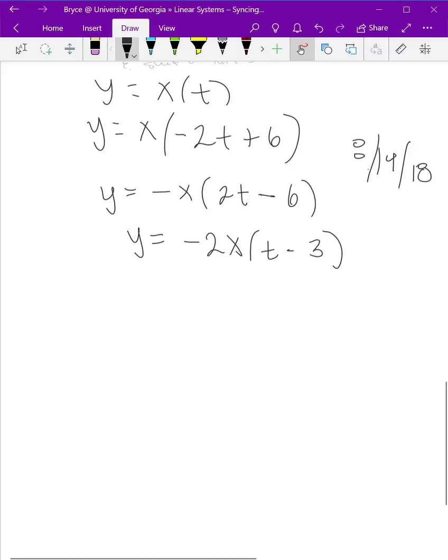And with that, now what we have is our compression, we have our flip, and we have a shift. So when this is a negative 3, that means we're going to have a shift to the right by 3 units.